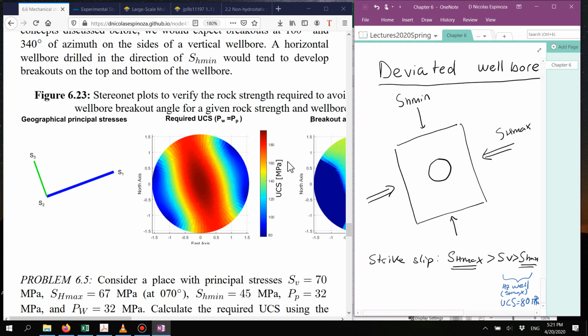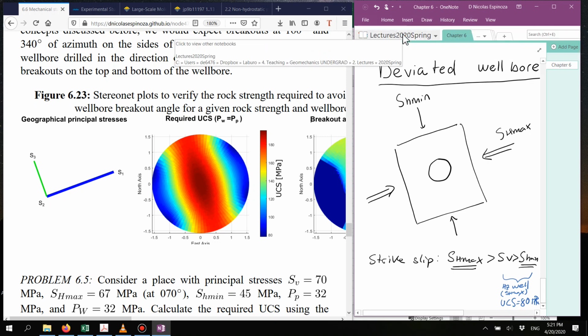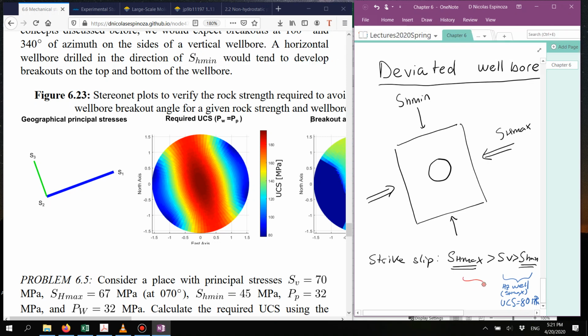And a wellbore that goes in the direction of the minimum principal stress, in this case, is a wellbore that combines now SH max and SV. This is going to be the horizontal well that goes in the direction of SH min, and in that case the UCS appears to be required to be more or less, I would say, 170 MPa.